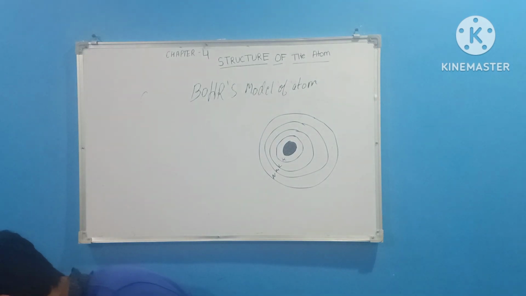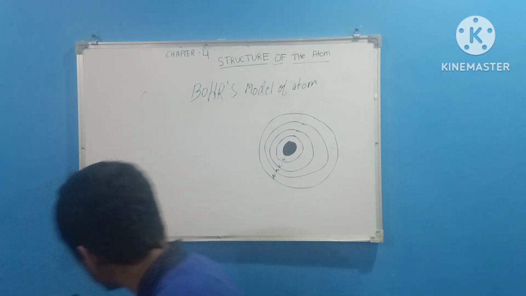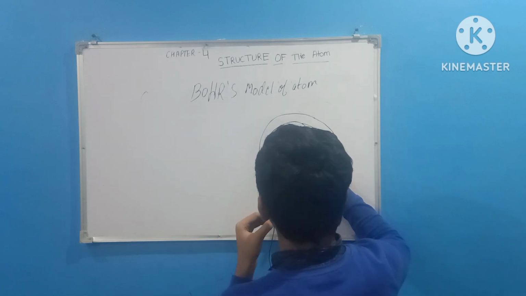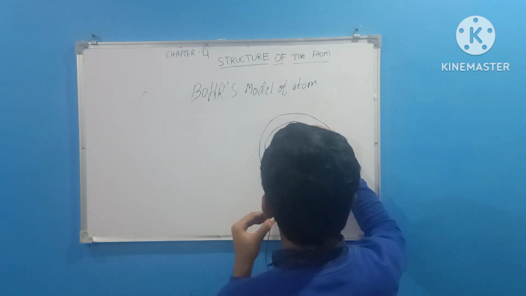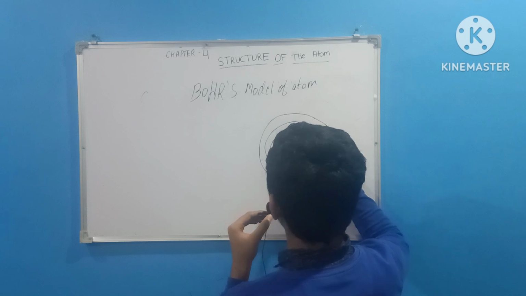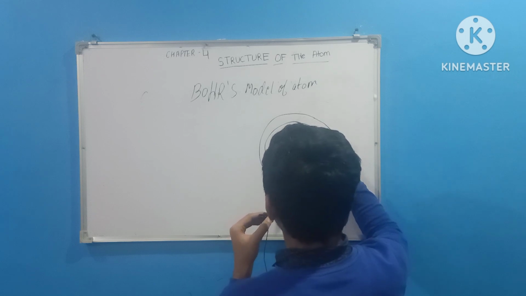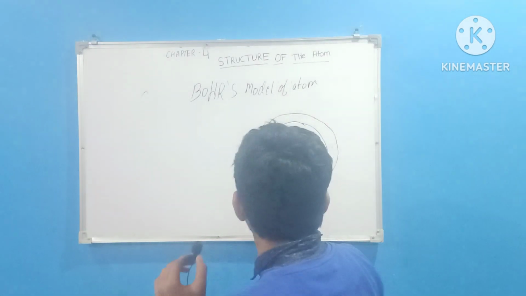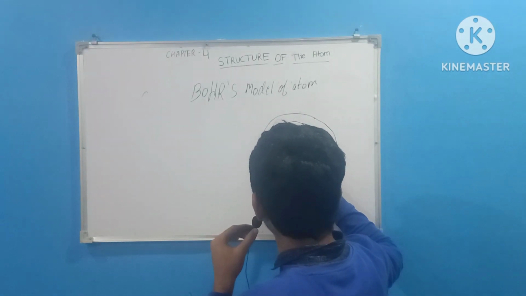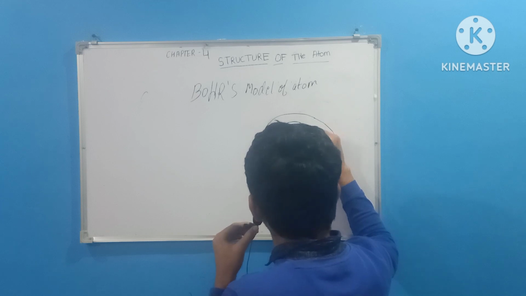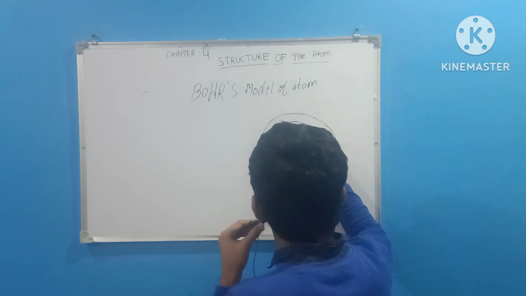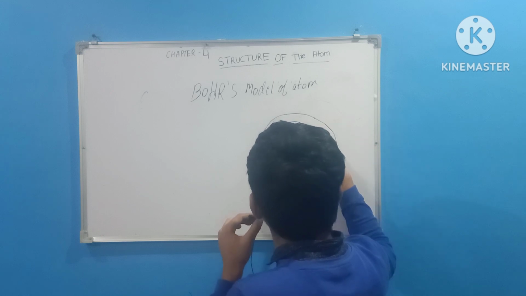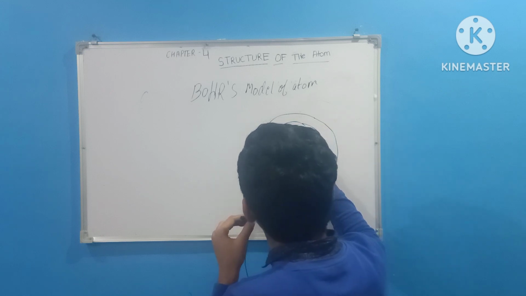So the number of electrons K has is 2. How will the electrons be present? 2 are there in the K shell, and in L 8 are there: 1, 2, 3, 4, 5, 6, 7, and 8.